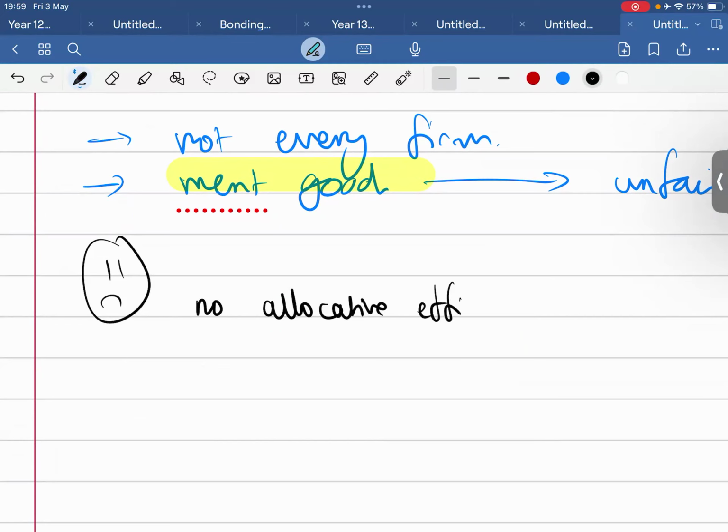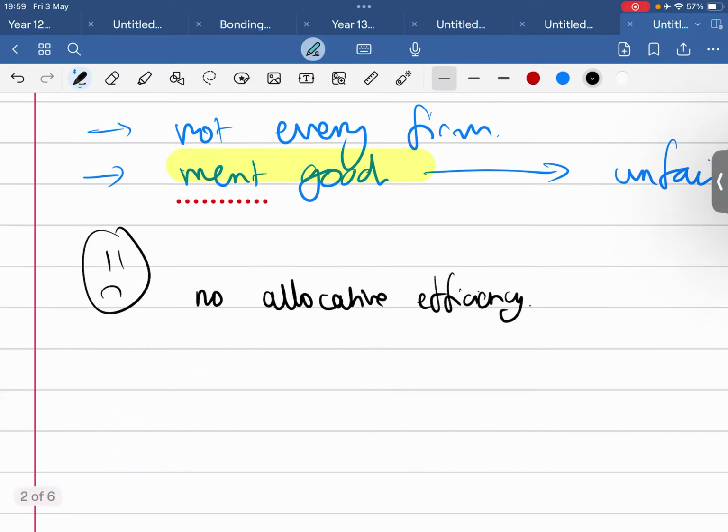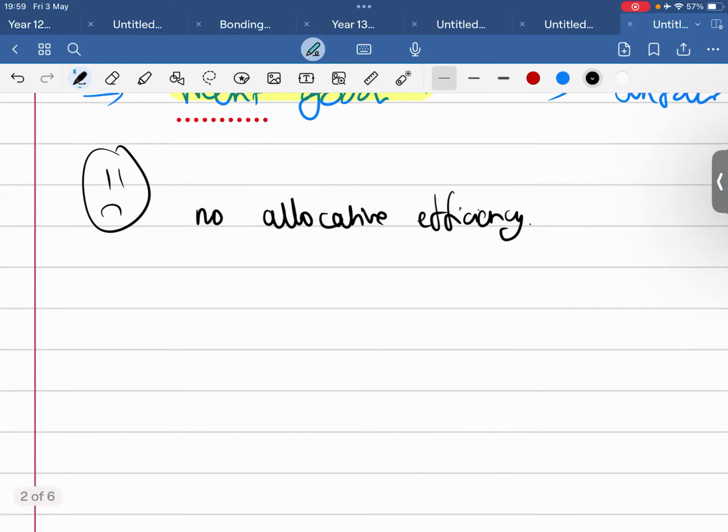And remember how I described dynamic efficiency as that you need supernormal profit in the long run. That level of specific knowledge helps you to separate your answer. So let's do the same for allocative efficiency. And it's literally just when MC equals AR.